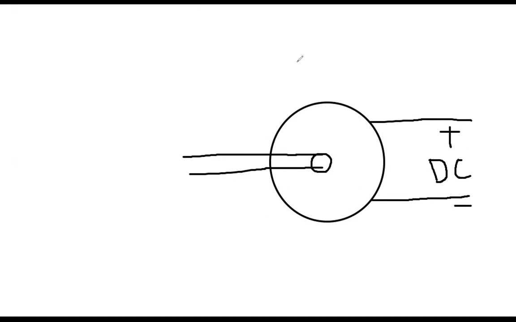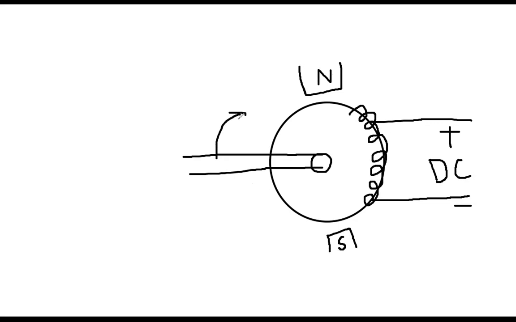And there is North Pole and South Pole. Okay, and then this is the armature. So there are coils. So basically, just one set of coil, and then this is rotating at a certain speed.